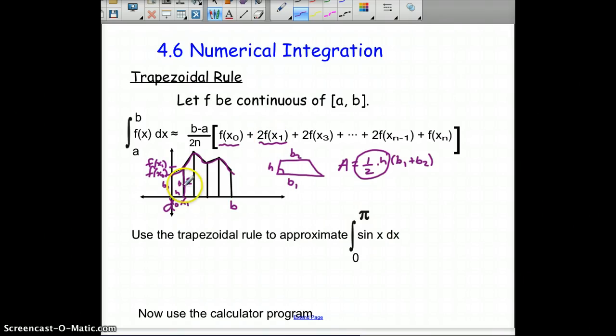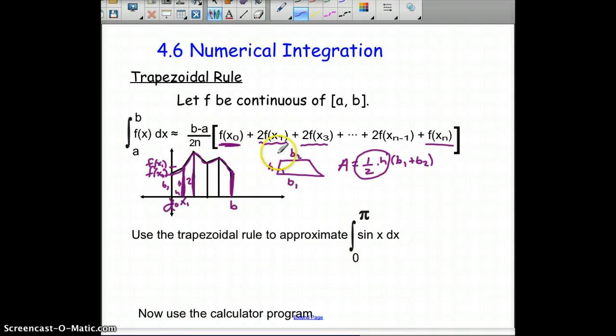So f of x sub 1 is used twice. It's used as the right base for the first trapezoid and as the left base for the second trapezoid. Same thing for f of x sub 3. It's used twice, so it has a 2. And so on, all the way to the end, except that right trapezoid, this very last one, this right side is only used once, just like the left side of the first trapezoid is only used once. So that's the trapezoidal rule.